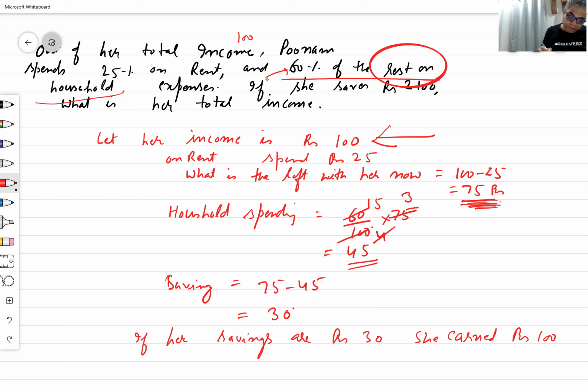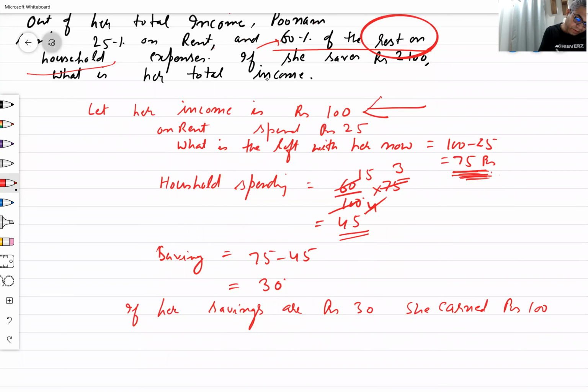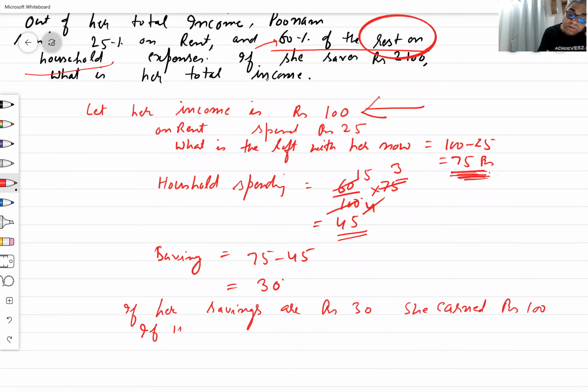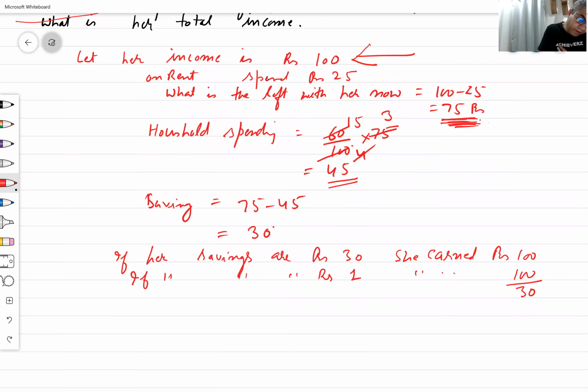So now I'm going for the unitary method, right? If her savings are rupees 1, then she earned how much? 100 over 30. And if her savings are, as per the question, rupees 2100, it's 2100, I'm sure.